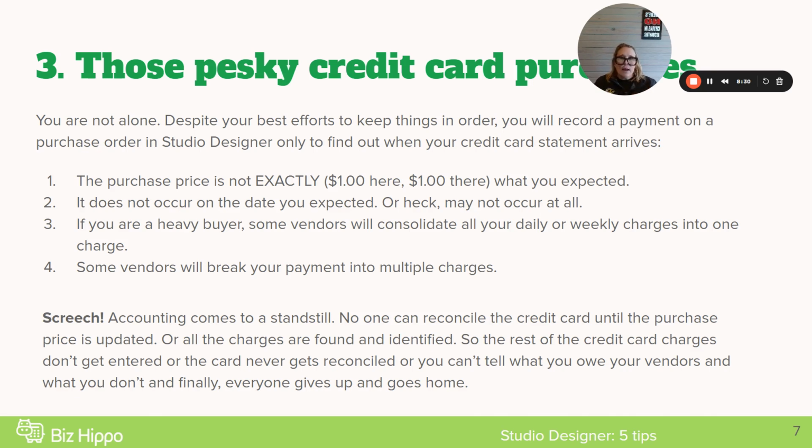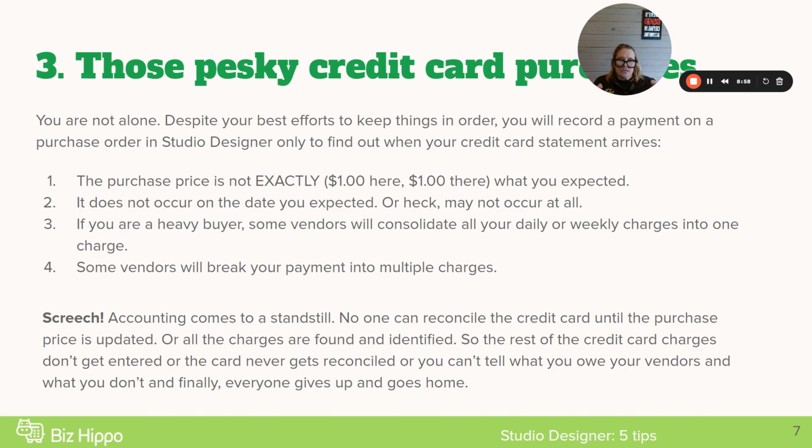Or you've got item payments that aren't on the credit card. So everyone freezes. The other items, the other expenses on the credit card don't get entered, or the card never gets reconciled, and the designer can't tell what you owe vendors and what you don't. And finally, everybody gives up and goes home. And credit cards just continue to get further and further behind on the reconciliation.